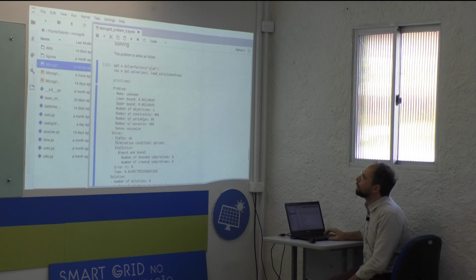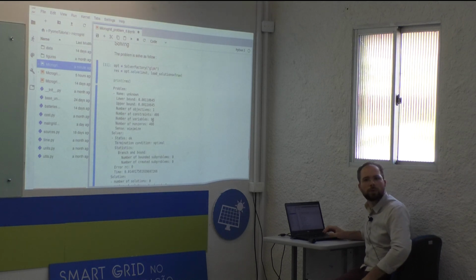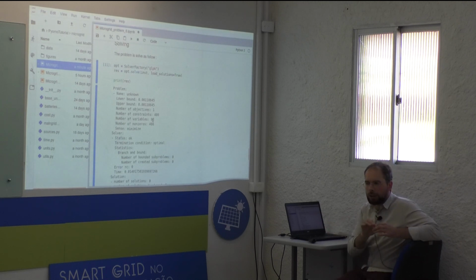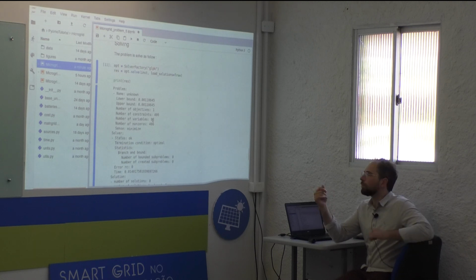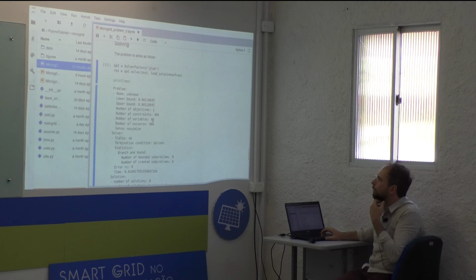So here I have 98 variables in my problem, so it's a small problem. Actually, it's only the powers of the main grid. Because the generation and the consumption are fixed, the only variables that I'm considering in this problem are the power from the grid or to the grid.